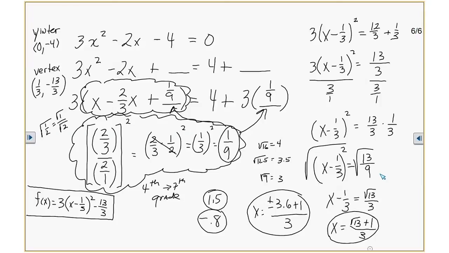That's why I don't do anything until the very end. You can do the bottom without doing the top, but I'd go ahead and take the square root of the bottom right here, because most of the time you're going to have a common denominator.